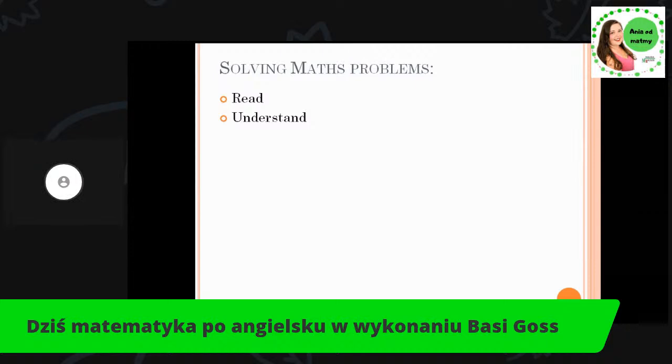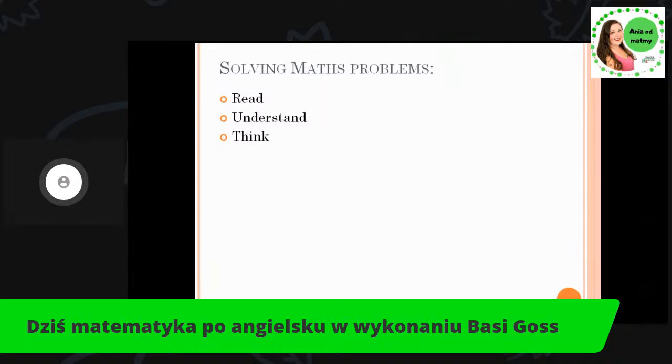After we've read the problem and understood what it is about, we need to think about it. We need to think what we know. We need to think what we need to find out.